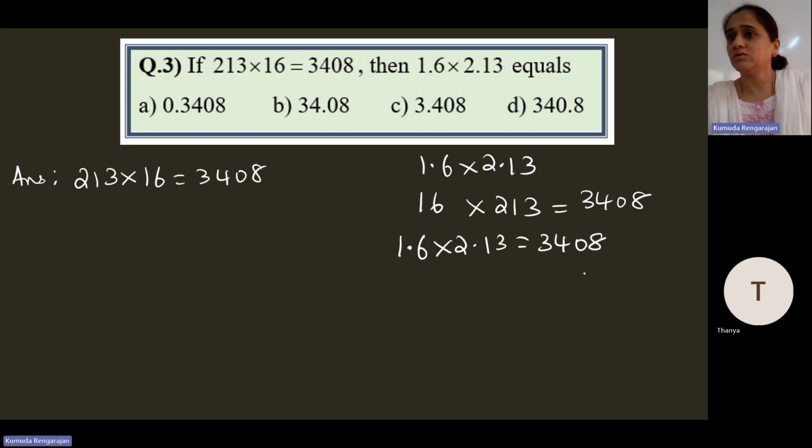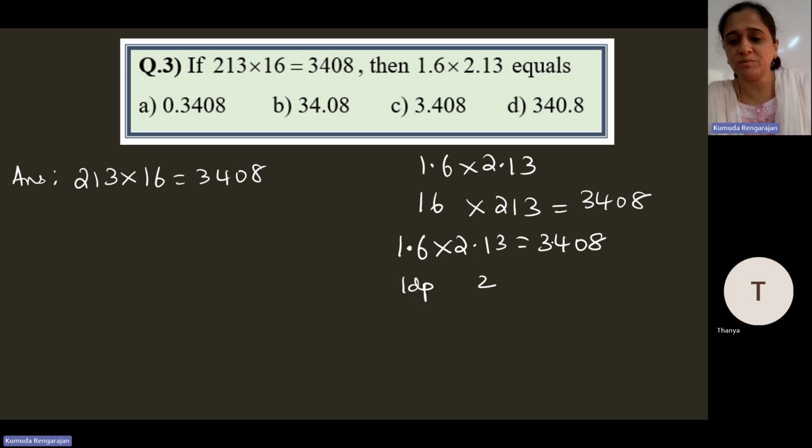Here also in the product, the digits will be 3408, but you'll have to place a decimal point. Count how many decimal places. Here one decimal place, here two decimal places. How do you count the decimal places? The number of digits after the decimal point. So here one, here two, totally three.